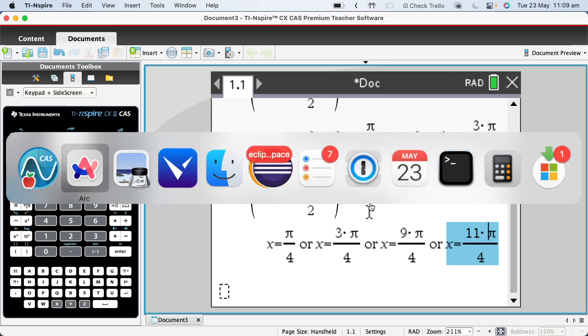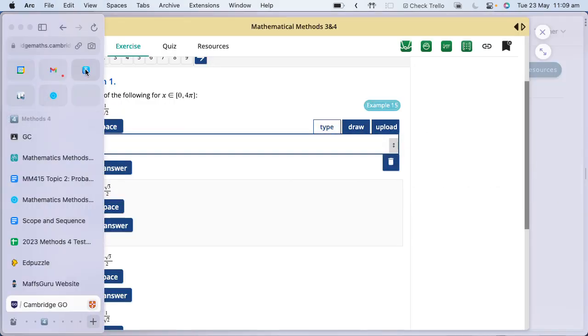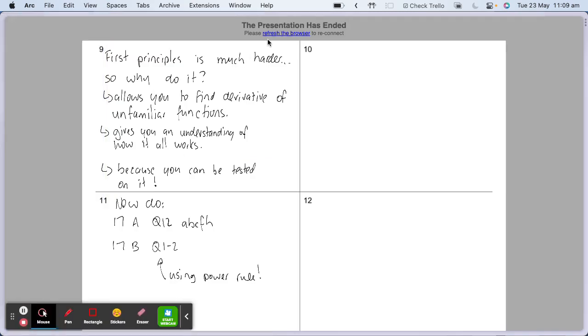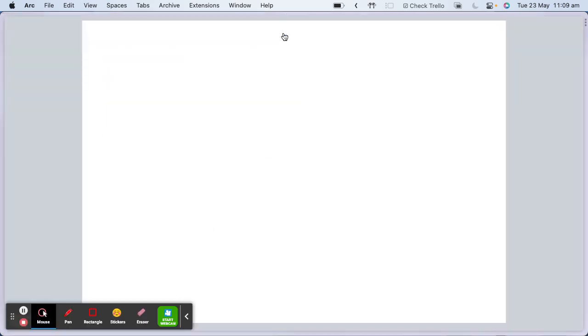Graphically, this is going to be a bit tricky for me to do neatly, but between 0 and 2 pi, we've got this angle here and this angle here.